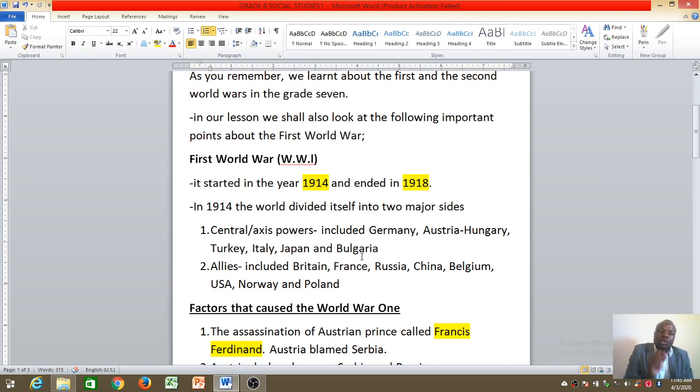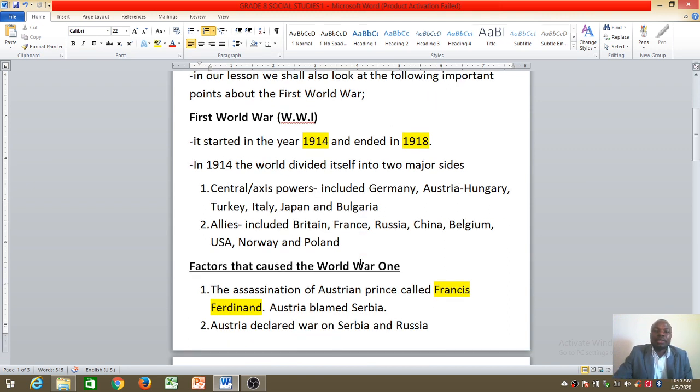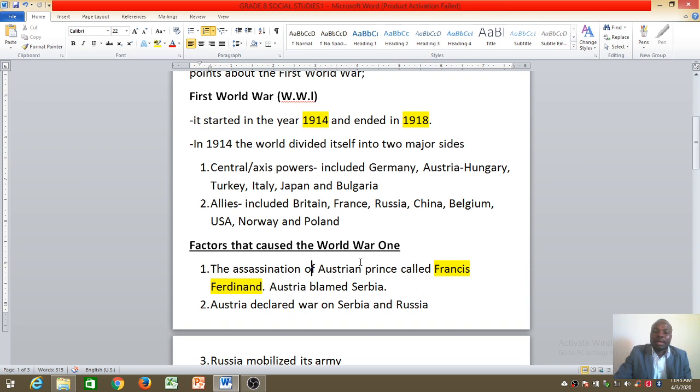Now, what made them to fight? Factor that caused the First World War. You have to get the immediate factor, which we learned in grade 7, is the assassination. Assassination means killing. The assassination of the Austrian prince called Francis Ferdinand.